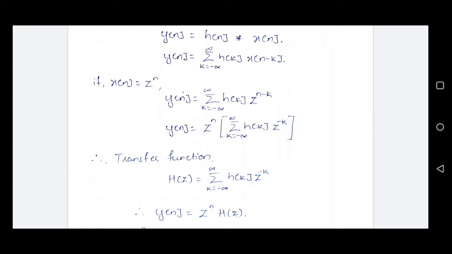So one more usefulness of Z transform is, to obtain output in time domain we'll have to perform convolution, which is a complex operation. If we use Z transform, then the same output of linear time invariant system will be obtained as multiplication between the input and some multiplying constant. In this case, it is a transfer function. So convolution operation will be reduced to multiplication.